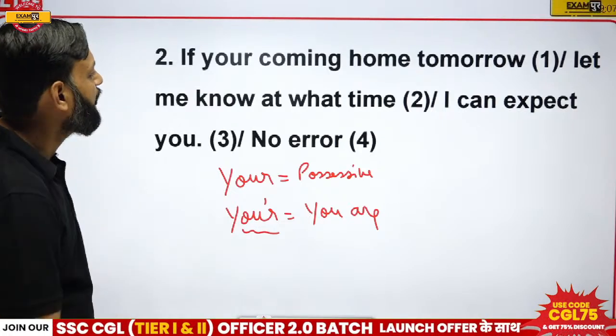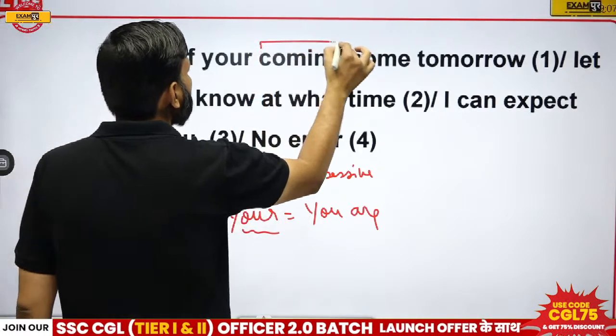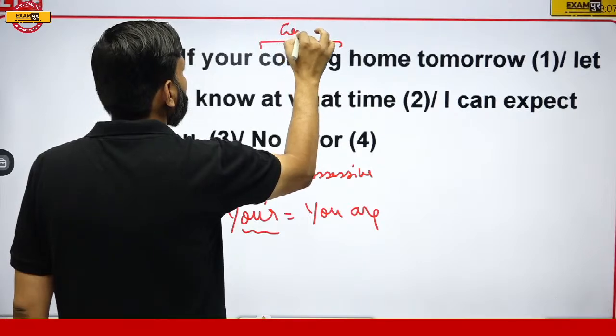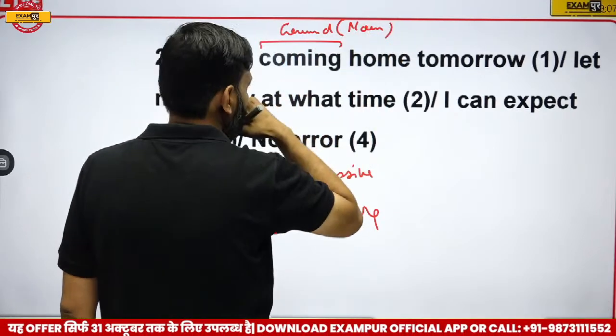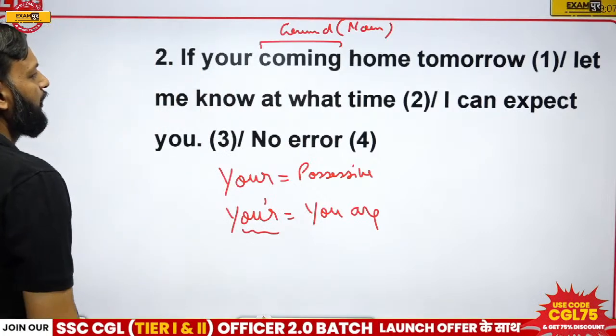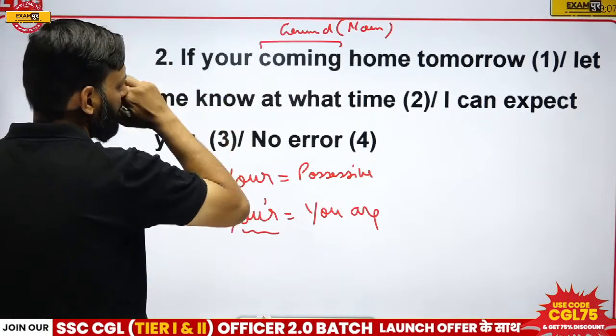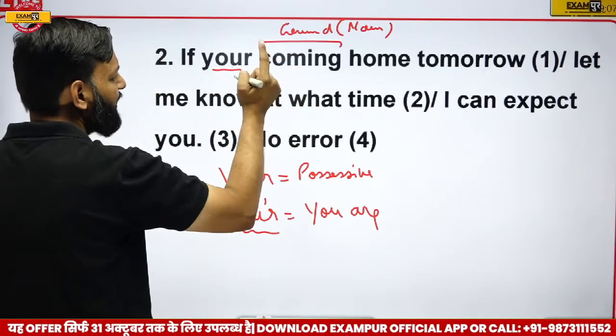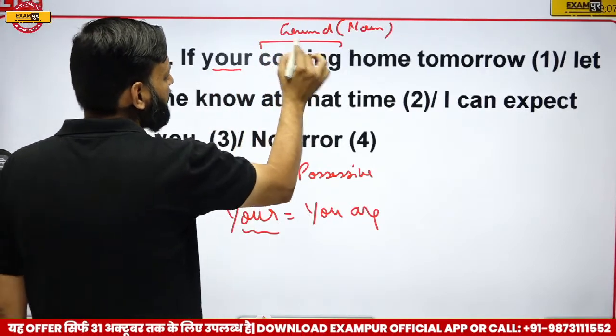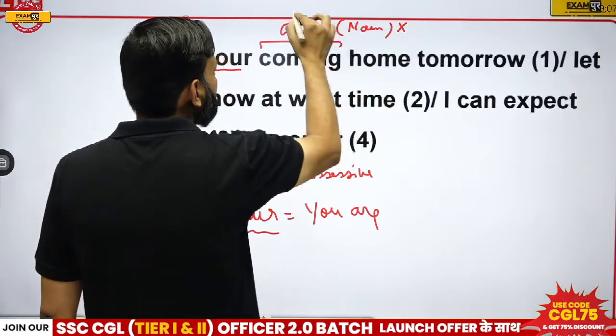So here this is gerund. Gerund means noun. If this is gerund, your is absolutely correct, but this does not make any sense. So this coming cannot be gerund. This is main verb here.